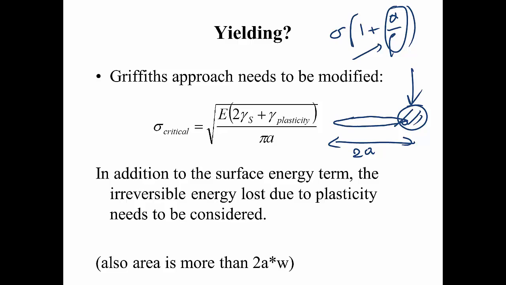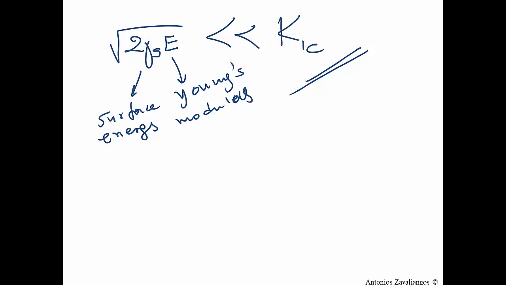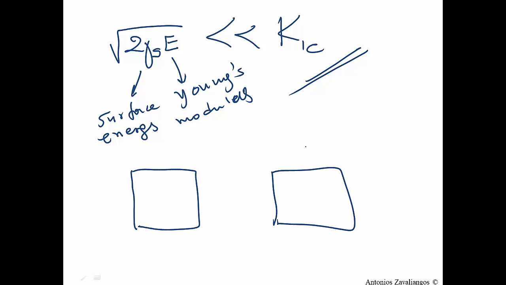The reason that the analysis we did before did not take this mechanism into account is that we compared two situations: one with no crack and another with a crack, for the same material and geometry. We asked what the difference between these two is.